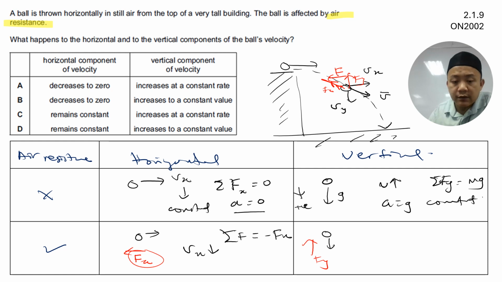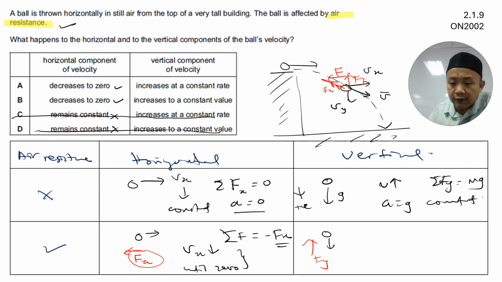So Vx, from an initial value of Vx, will decrease until it reaches 0, and the rate of change of this velocity would correspond to the value of Fx, which is the opposing resistive force. So here it is not remaining constant. C and D you can just cancel out, because this is considering air resistance. It will remain constant only if there is no air resistance. If there is air resistance, it will always be decreasing to 0.